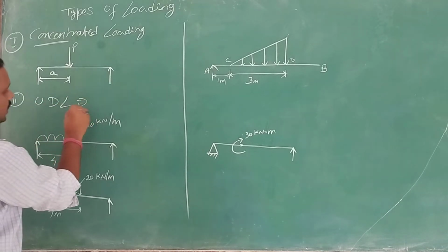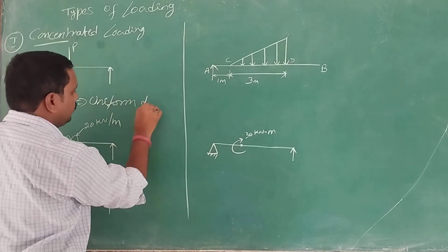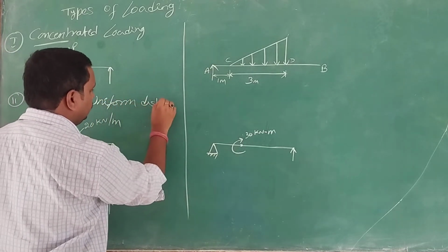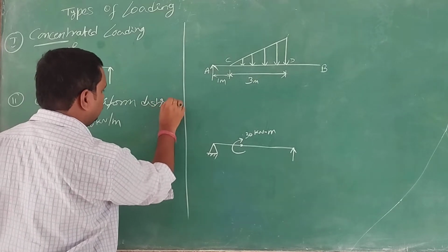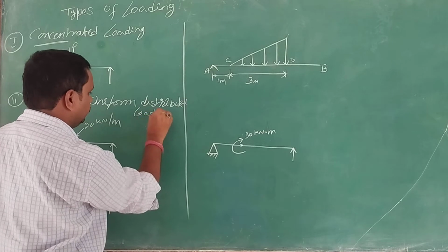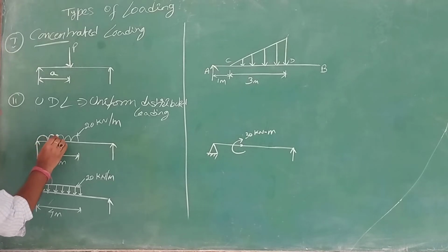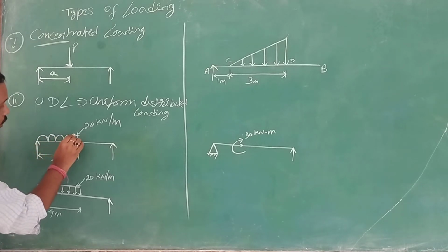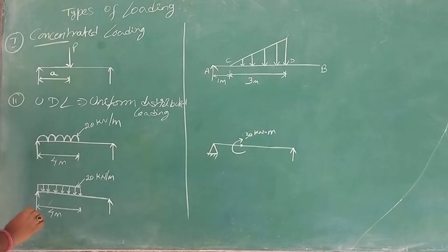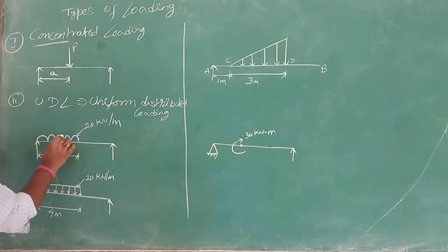In the second model, this is called UDL. It means uniformly distributed loading. If you could see this, the load is distributed uniformly throughout the section, or to a certain section.